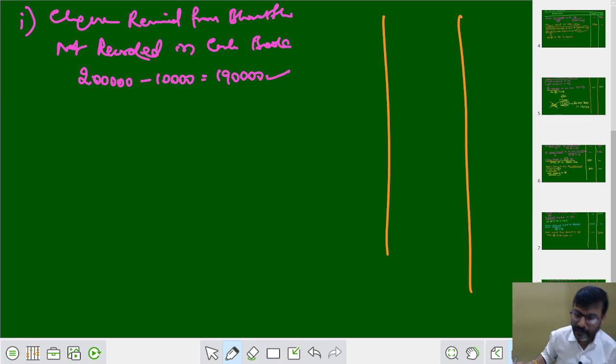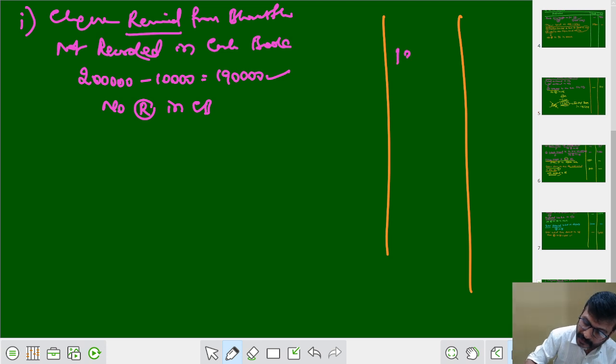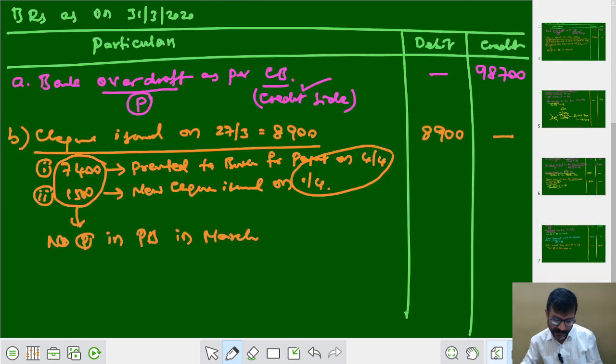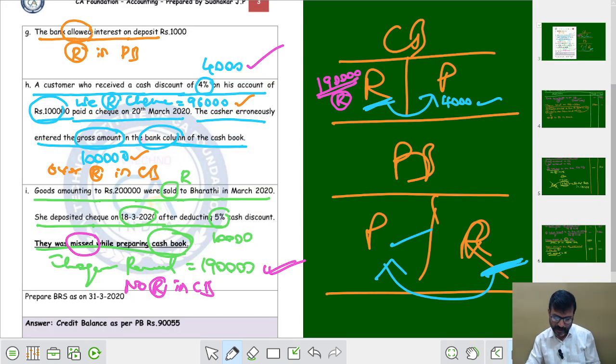Did you people record it? This was missed in recording the cash book. So received means receipt. So we can say that no receipt in cash book. So where am I supposed to take? Debit side only. How much I have to take? 1,90,000. I hope, my dear kids, this completes all the transactions of this problem.